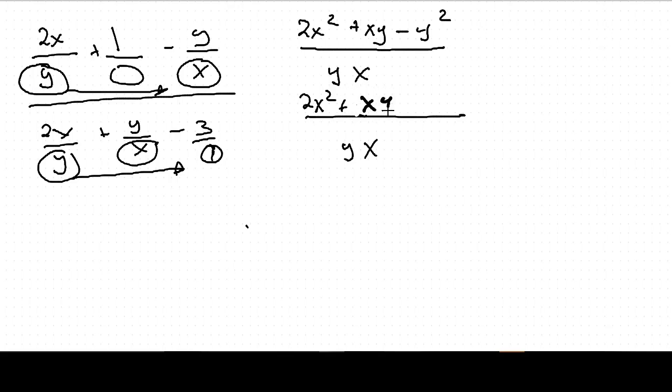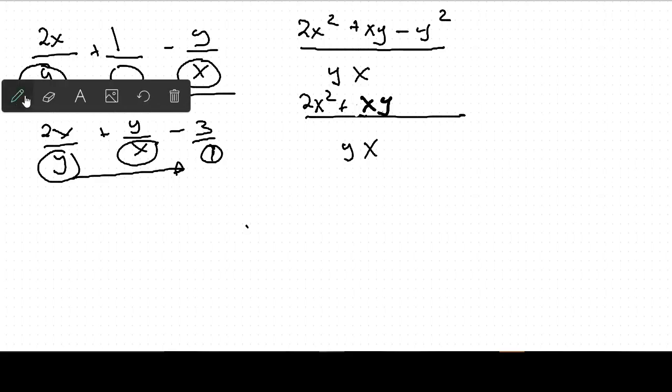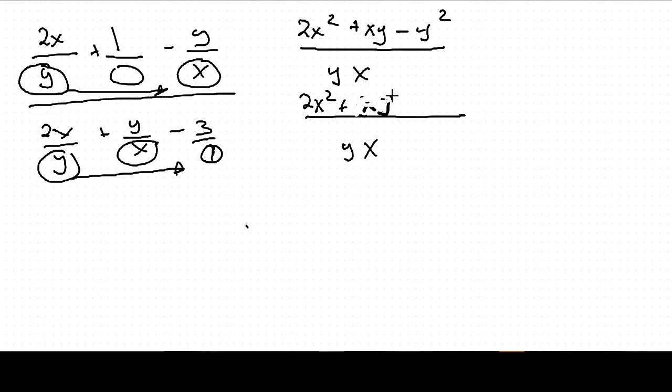Minus xy, and then this one doesn't have either. Oh, sorry. This one's missing a y, right? Yeah. So that should be y squared up there. This is y squared.